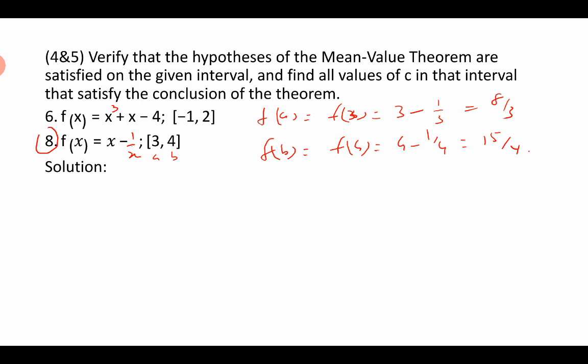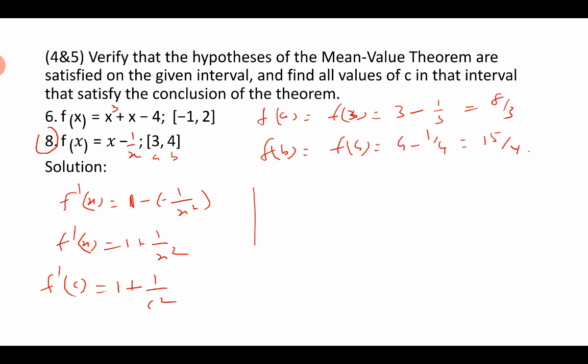So first derivative, f dash of x is 1 plus 1 over x square. So f dash of c will be 1 plus 1 over c square. So by the mean value theorem, what do we get?